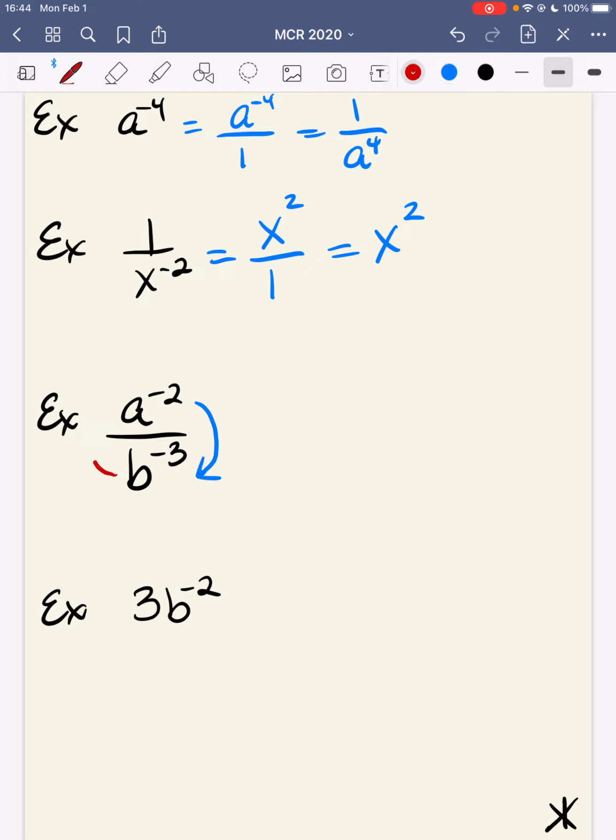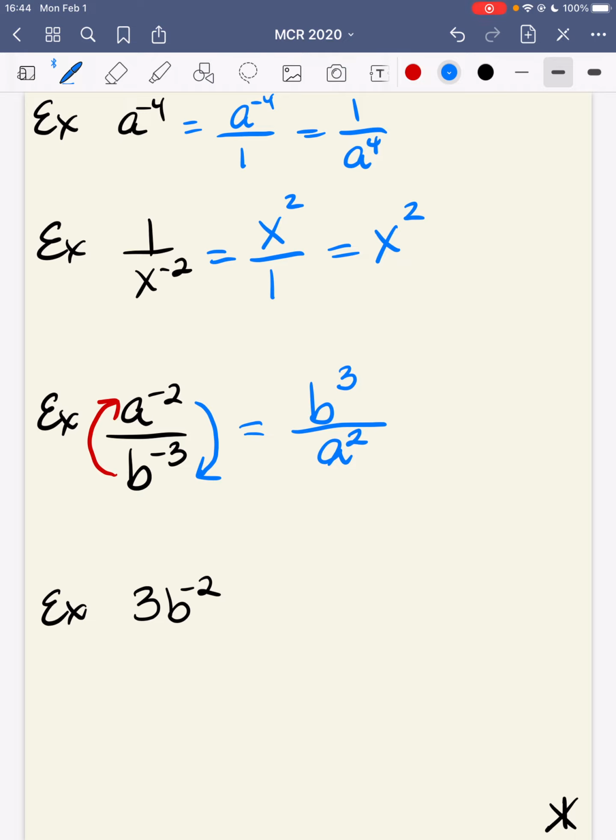My b to the negative 3 wants to go to the top of the fraction. What that gives me is b to the positive 3 on the top because it switched places, and a to the positive 2 in the denominator. And because a and b are not alike, I can't do anything with this as it is.